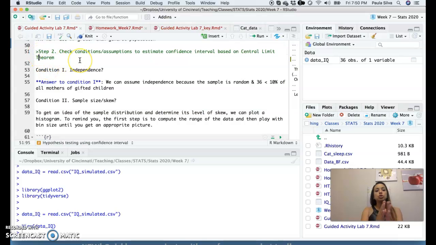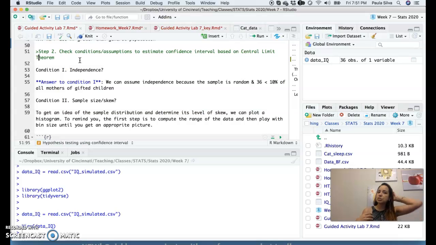Step 2, we're going to check conditions and assumptions to estimate the confidence interval based on the central limit theorem. Can we use the central limit theorem to construct the sampling distribution of the mean and compute the confidence interval from it? So condition 1 is independence.